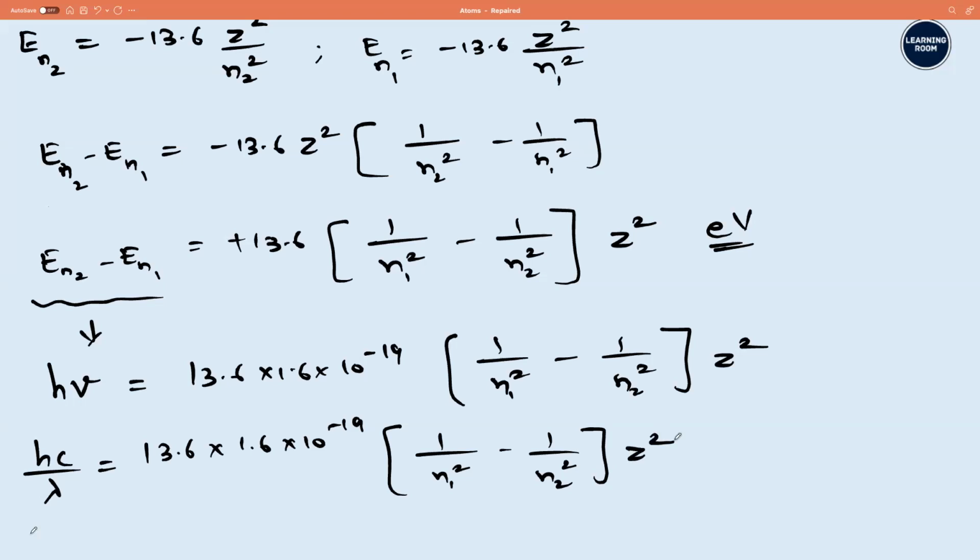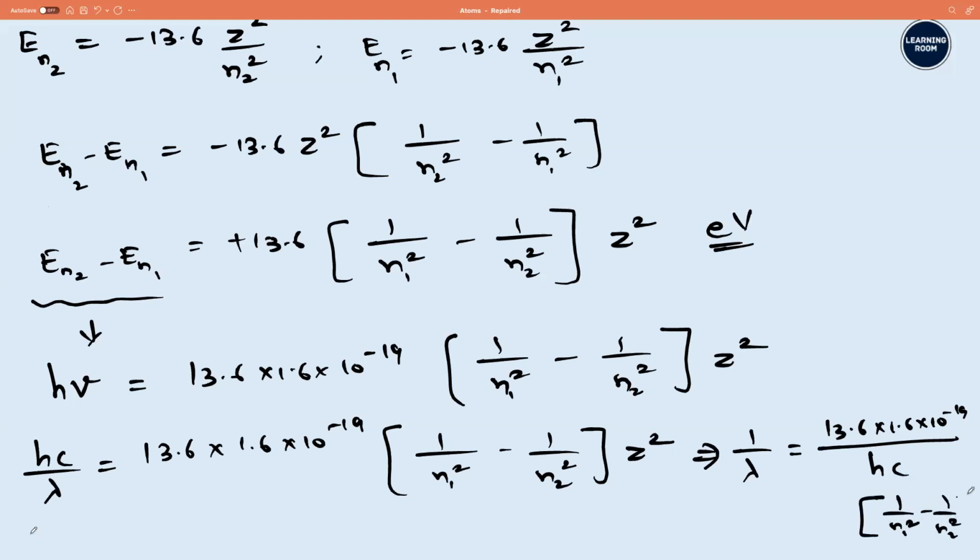From this, 1 by lambda is equal to 13.6 into 1.6 into 10 power minus 19 divided by h into c, multiplied with 1 by n1 square minus 1 by n2 square into Z square. Accept it.